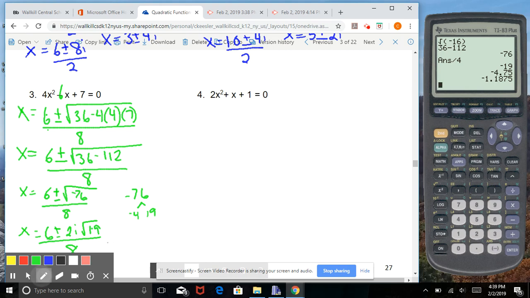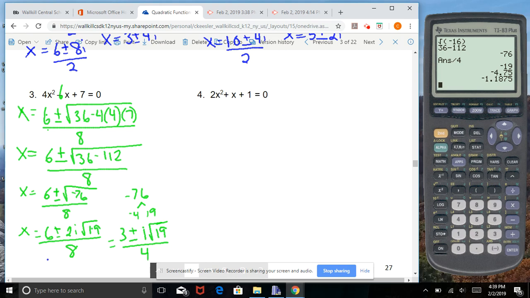So I'm going to go ahead and simplify each part of that. So 6 and 8 become 3 and 4, 2 becomes 1. So 3 plus or minus i times radical 19, because I'm dividing everything by 2, all over 4 is my simplified answer. And that's as far as I can go.